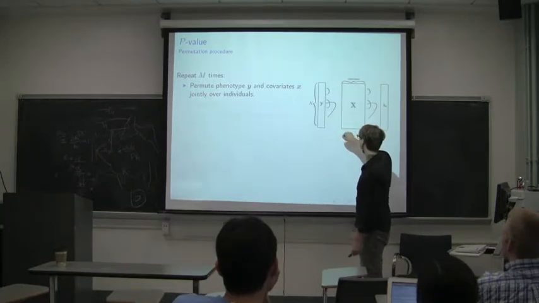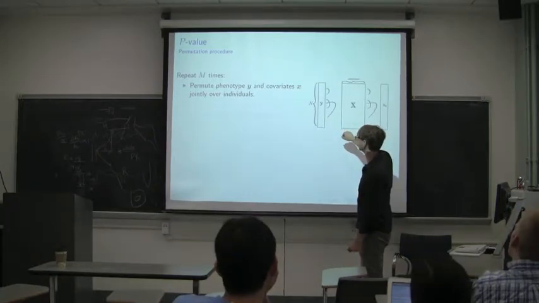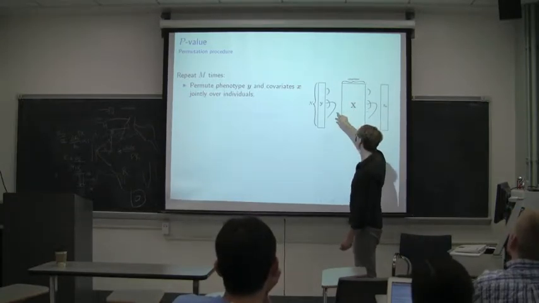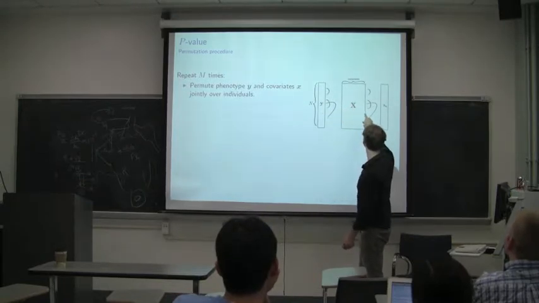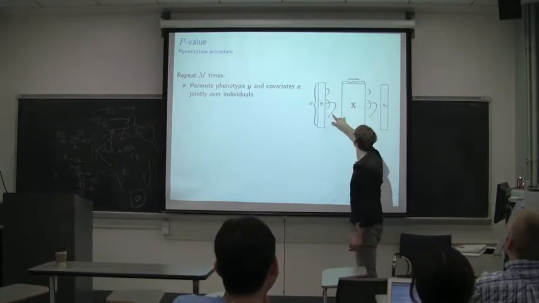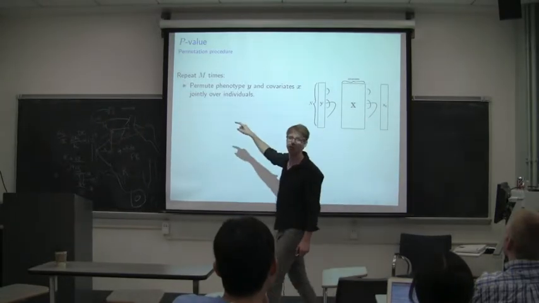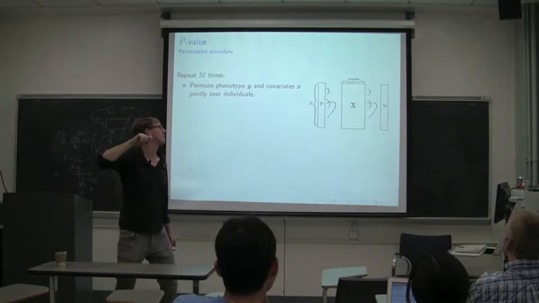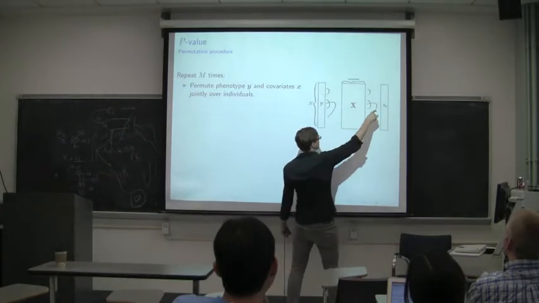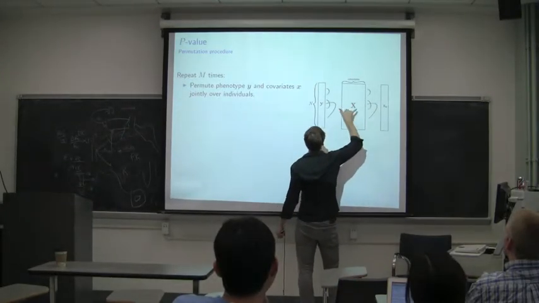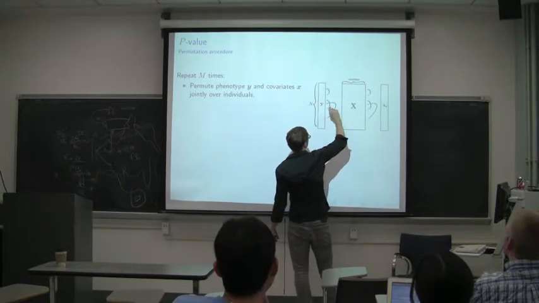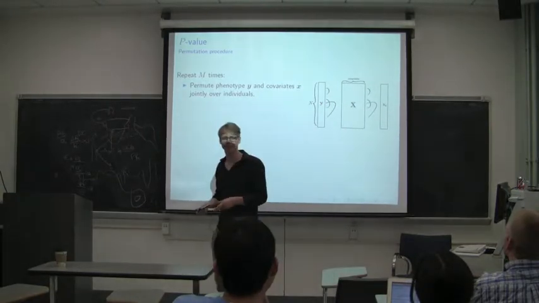These are all the others. Then we can permute y and x in the same manner, keep them in the same order, but shuffle them relative to these, and repeat the whole computation. Then whatever dependence between these variables and y was in the beginning is broken in that moment.